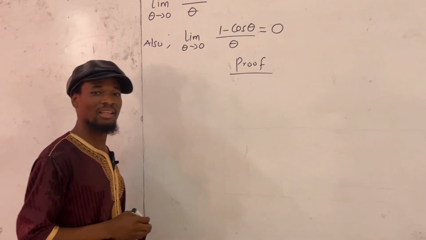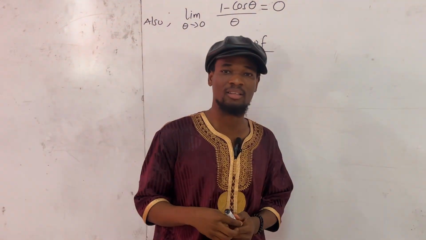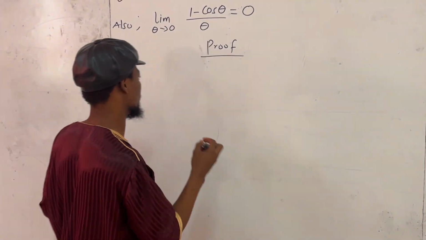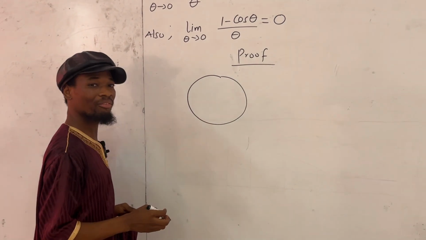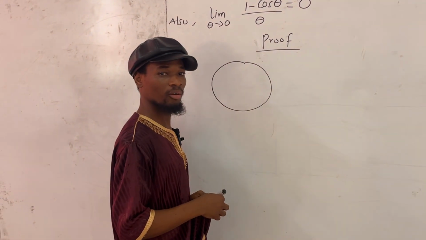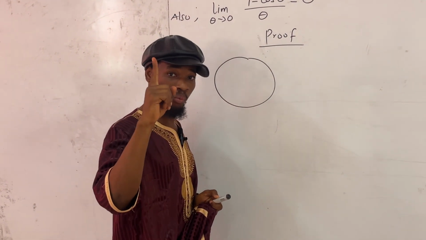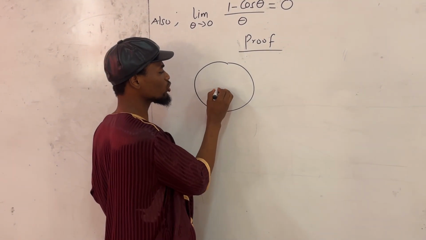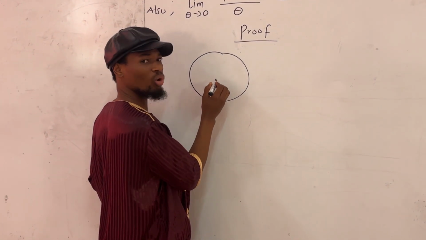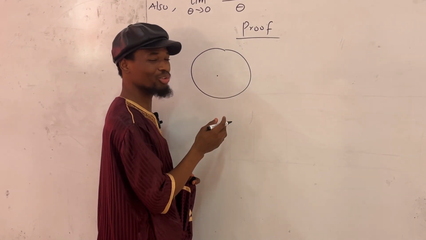So viewers, let us consider a unit circle. So what do I mean by a unit circle? When you have a circle with radius of 1, that is what a unit circle is. So we want to choose r equals 1 to make our life simple.